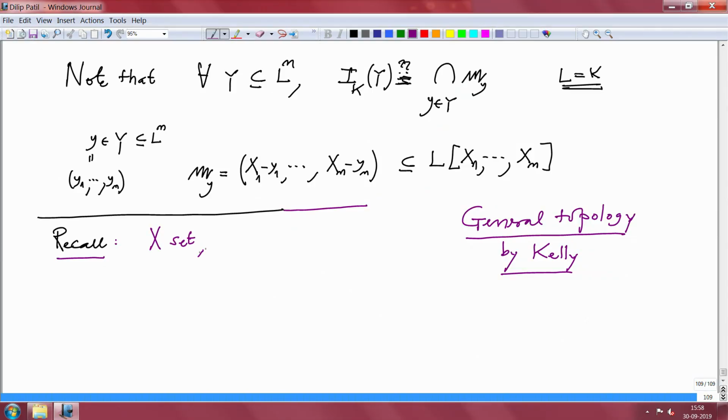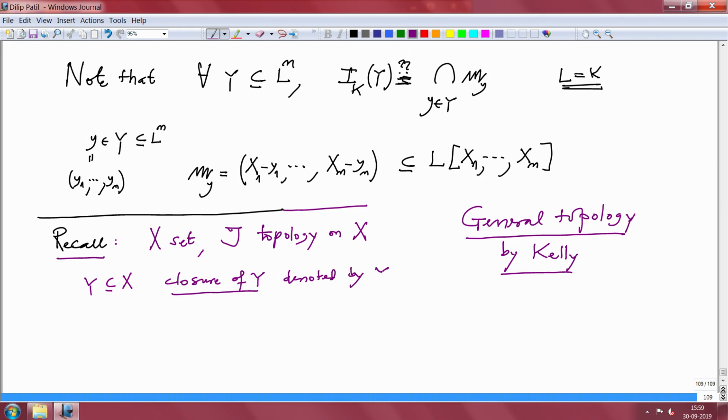Alright. So, what is the closure of a subset? X is a set, and let us say tau is a topology on X. Now, if I have a subset Y of X, what is the closure of Y, denoted by Y bar?